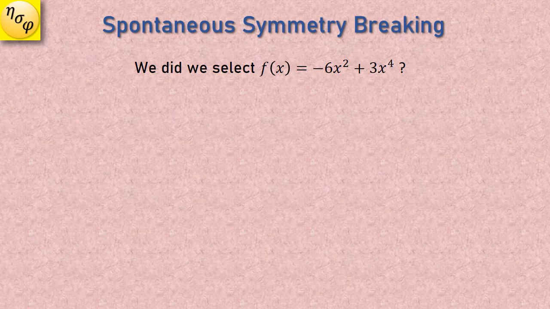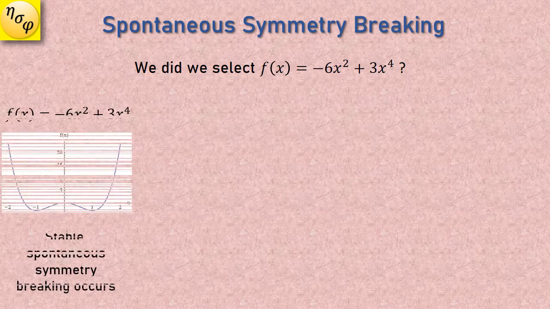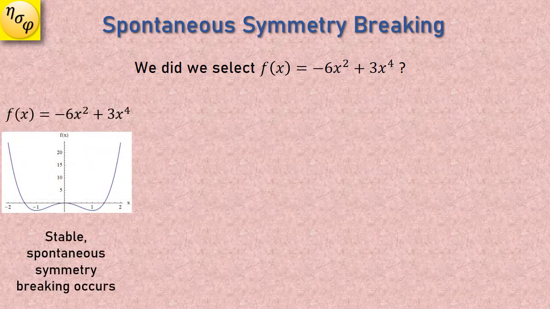Why did we select f(x) equals negative 6x squared plus 3x to the power of 4? Here I present 4 options. The first option is f(x) equal to negative 6x squared plus 3x to the power of 4, which is negative and positive. The graph is stable and spontaneous symmetry breaking occurs.